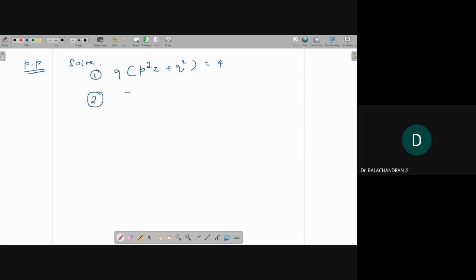Second problem, z equal to p square plus q square. This is also a function of z, p, q. Third one, p into 1 minus q square is equal to q into 1 minus z. This is also a function of z, p, q.